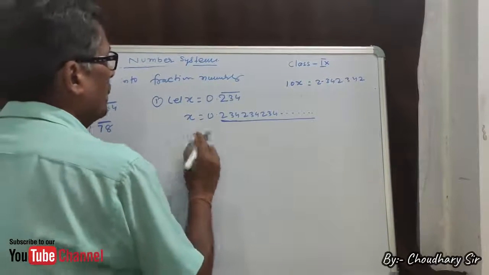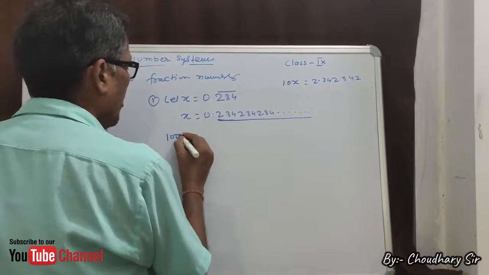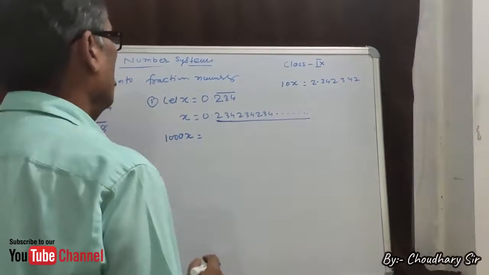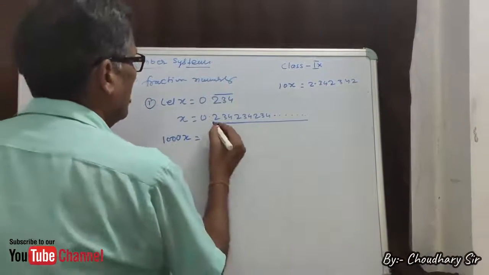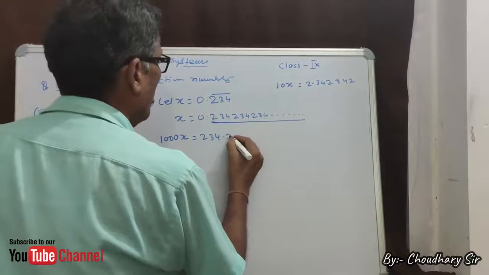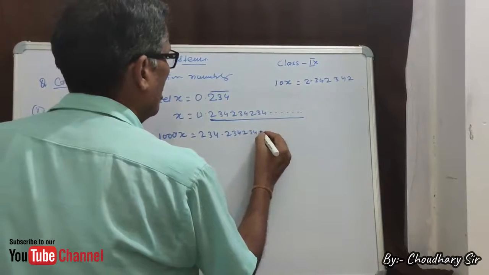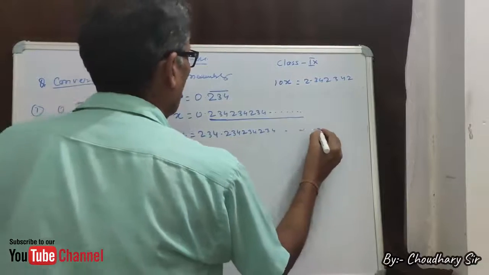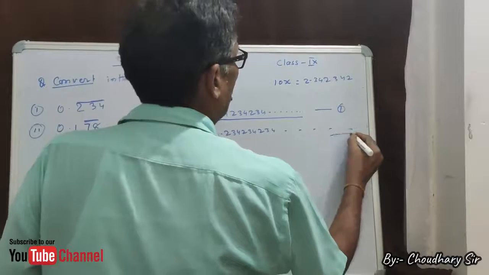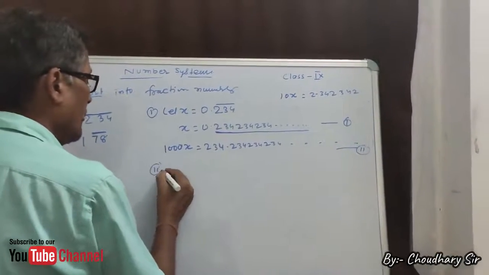But if you multiply 1000x, what will be your answer? 234.234 and so on. So write this number as equation 1 and this number as equation 2. Now subtract: second equation minus first.